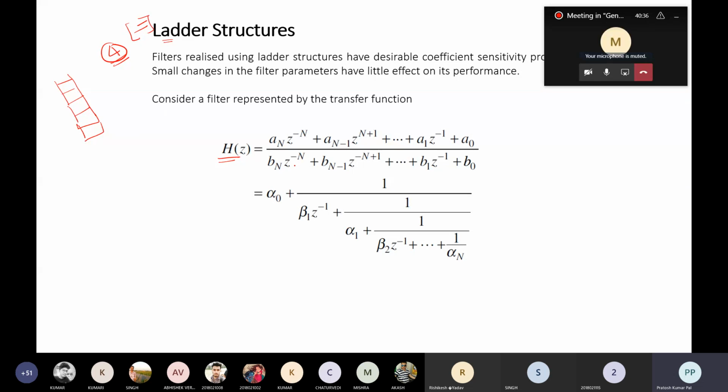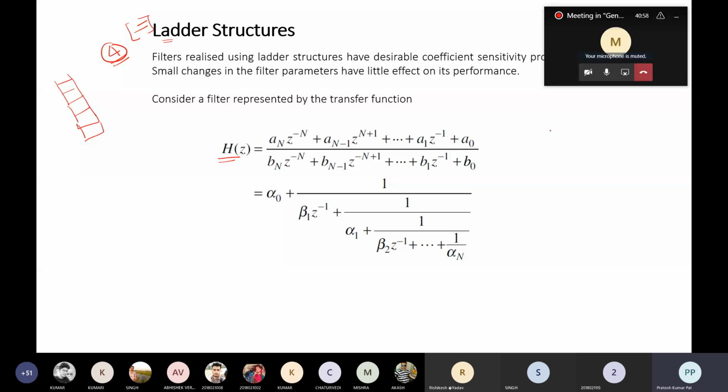We will divide this complete term by this one, and whatever is obtained, we will again divide in terms of the second form. Just how the coefficients are calculated, we will be seeing.